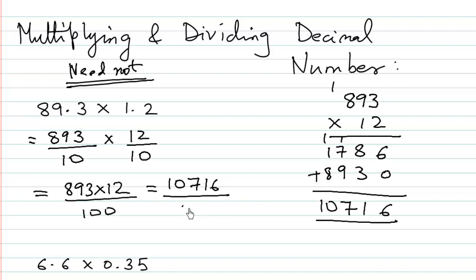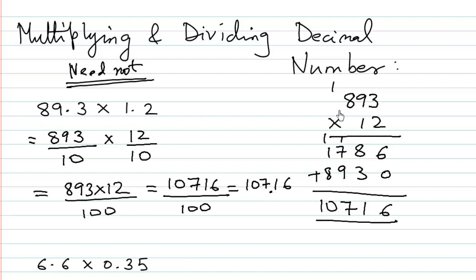So 10716 upon 100. Since there are two zeros in the denominator after 1, the answer will be the number 10716 rewritten in such a way that there are two digits after the decimal point. So we shall place the decimal point between 7 and 1.